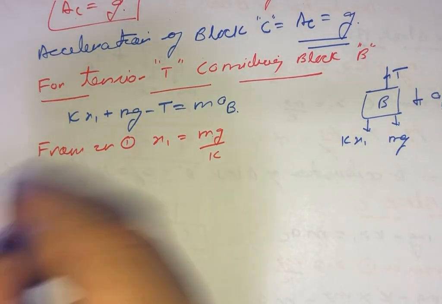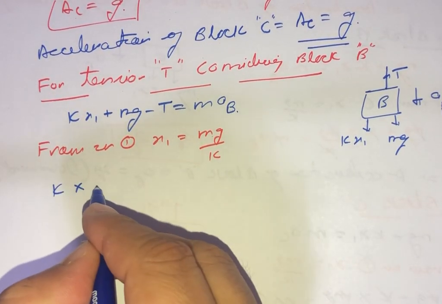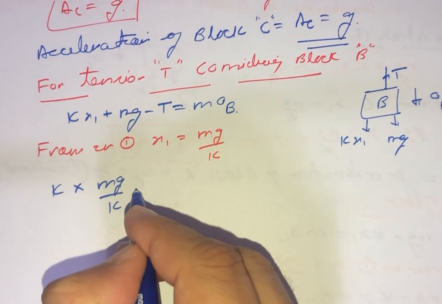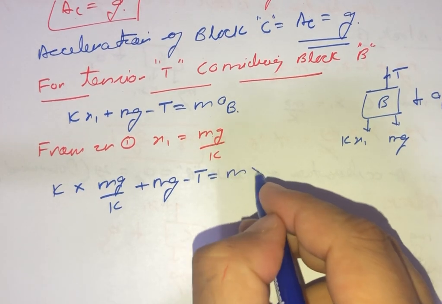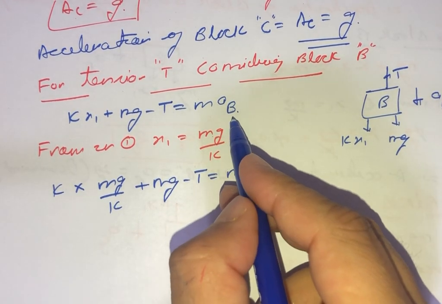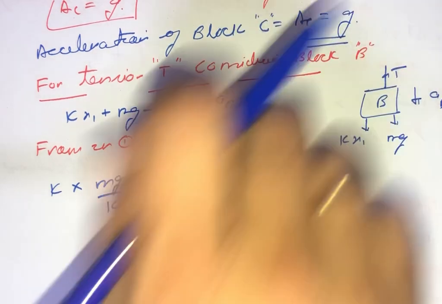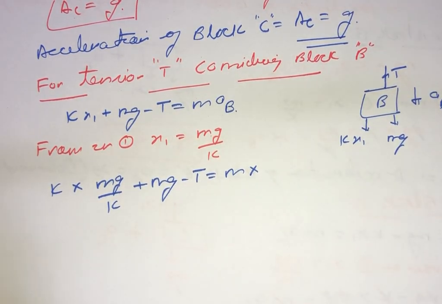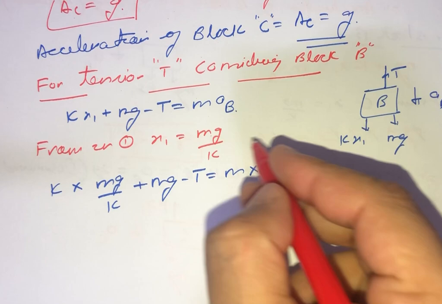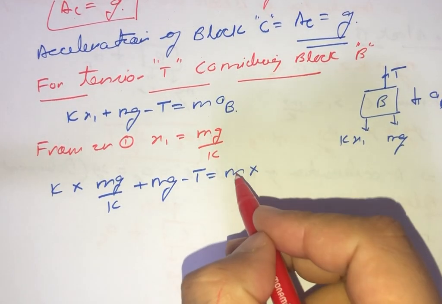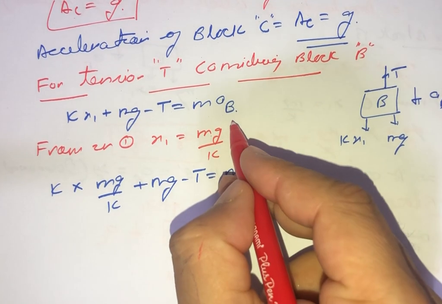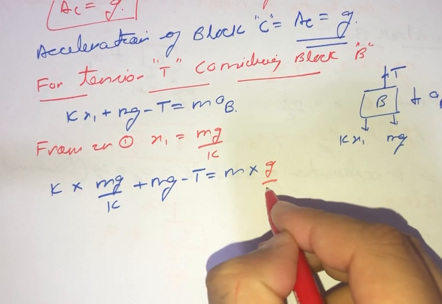So we put the value: k into mg divided by k plus mg minus T is equal to m into aB, and we already found out that the acceleration aB is g by 2.